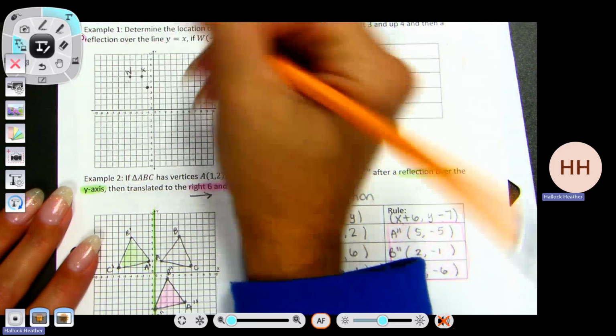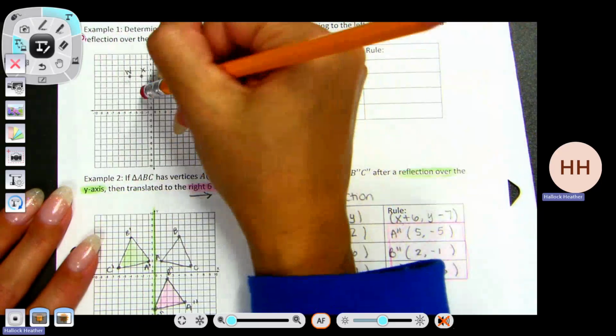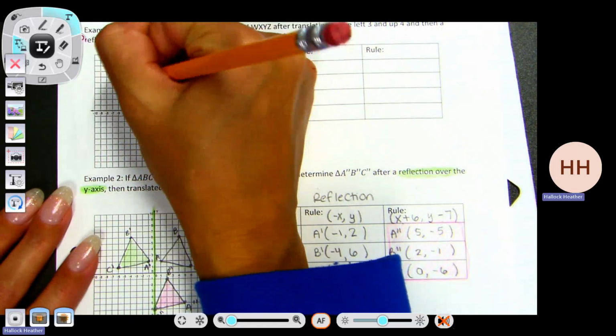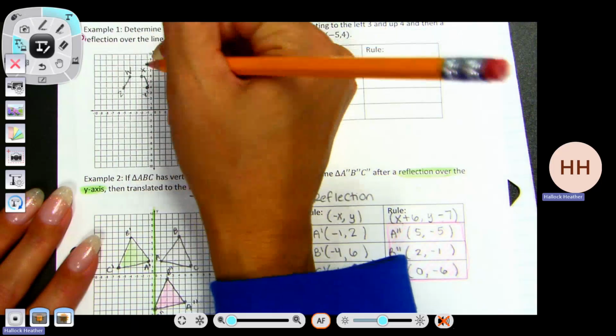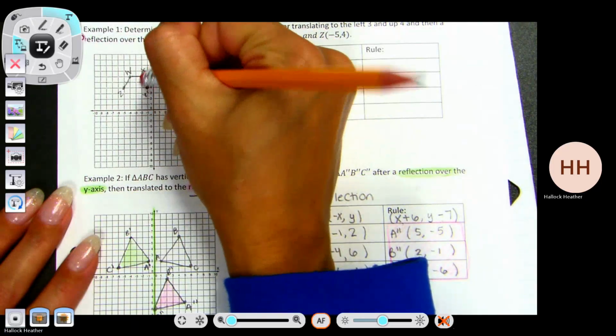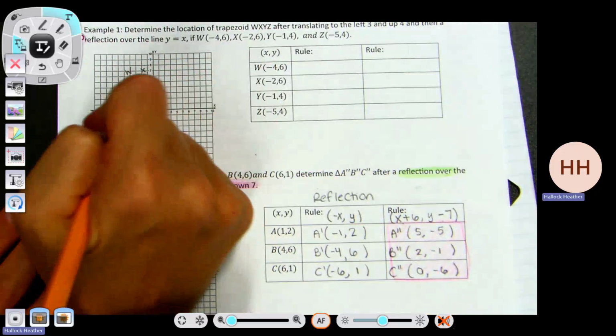This is W. I don't know why I put prime. That's regular Y. -5, 4. Z. Okay, so this is my original. I don't know why I can't connect points for today. It's just a little baby.